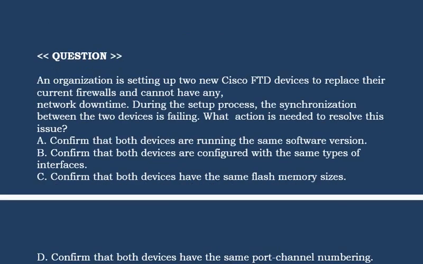Next question is, an organization is setting up two new Cisco FTD devices to replace their current firewalls and cannot have any network downtime. During the setup process, the synchronization between the two devices is failing. What action is needed to resolve this issue?